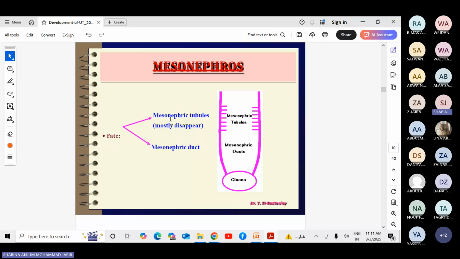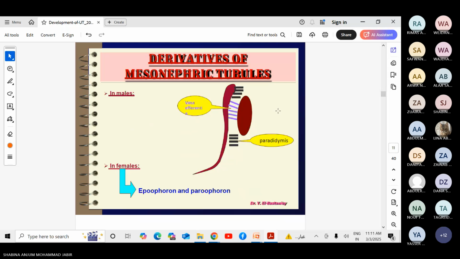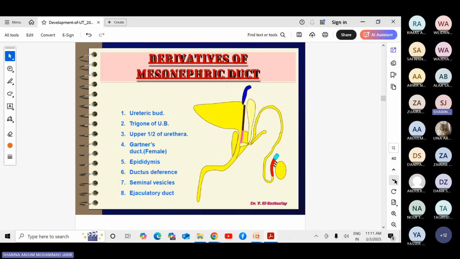The mesonephric tubules, these small tubules, will disappear, but the mesonephric duct will be present. What is the mesonephric duct going to give? It will start giving the ureteric bud.